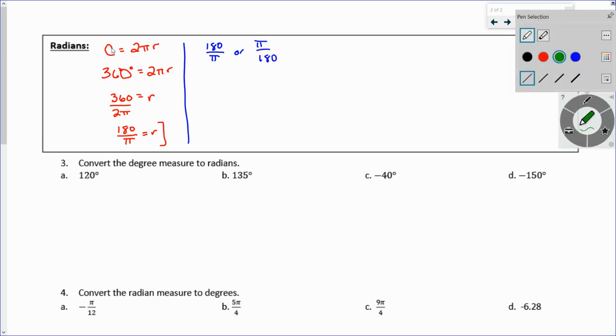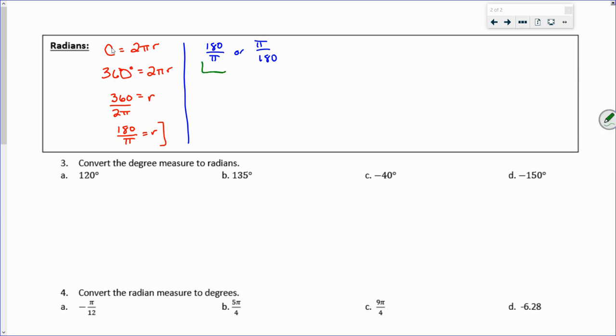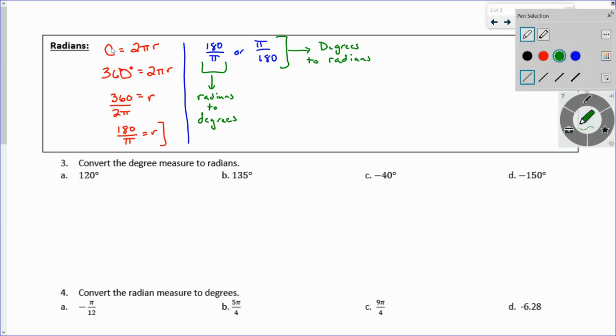Meaning, if we want to change something from radians to degrees, we'll use this one. If we want to go from degrees to radians, we'll use this one.